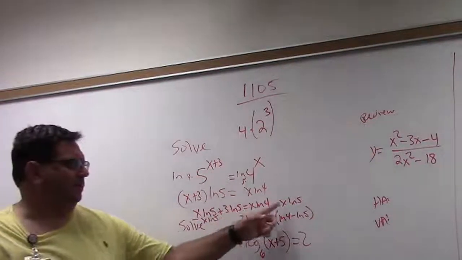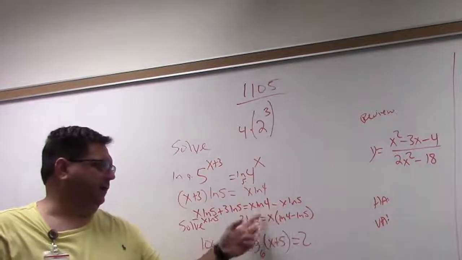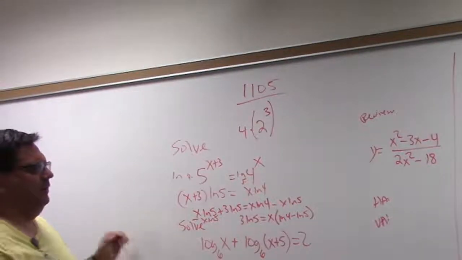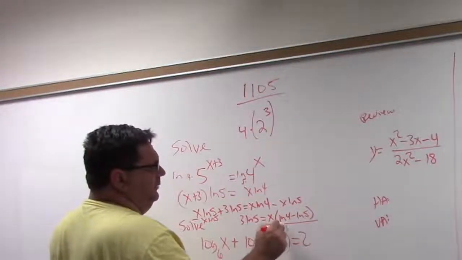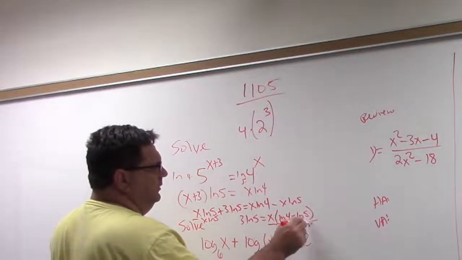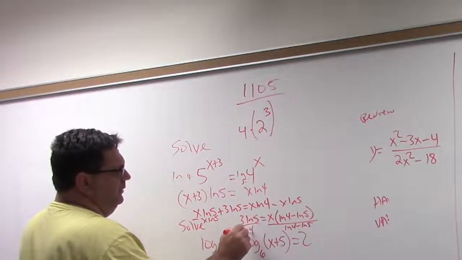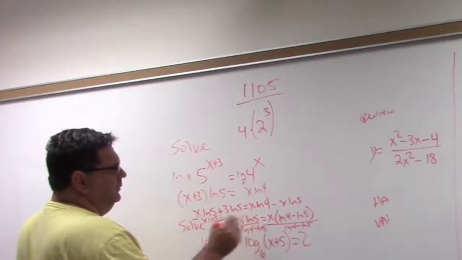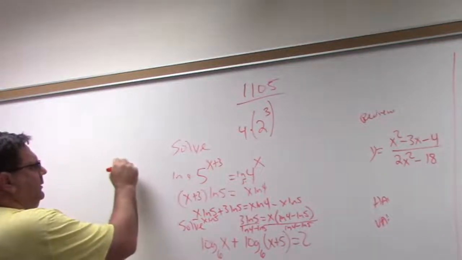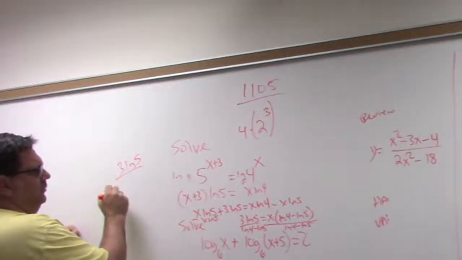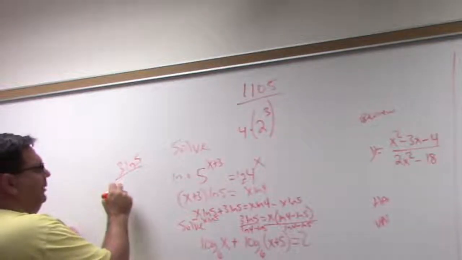So the x is common to both pieces, so I factor the x out. Once I factor the x out, I divide by ln 4 minus ln 5. And that gives me my final answer. This is 3 ln 5 over ln 4 minus ln 5.